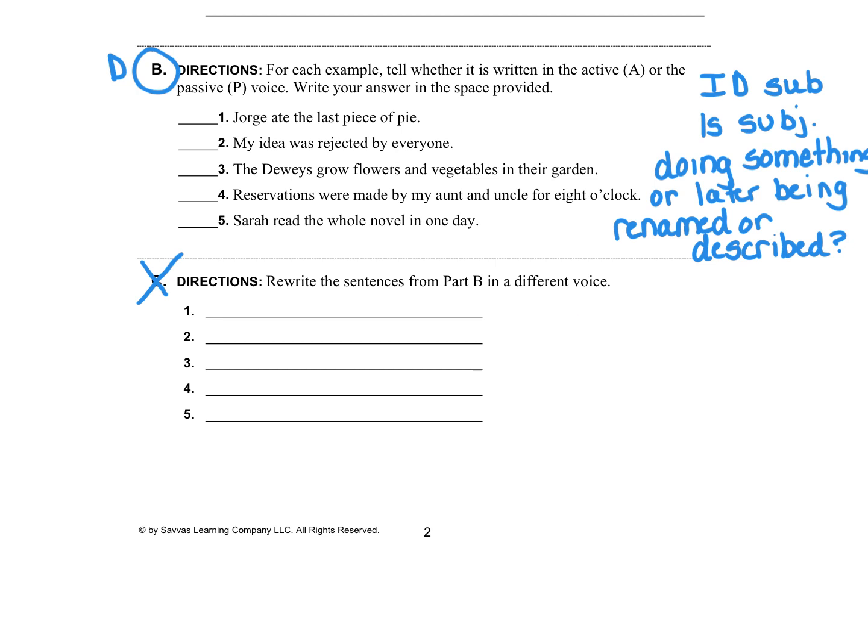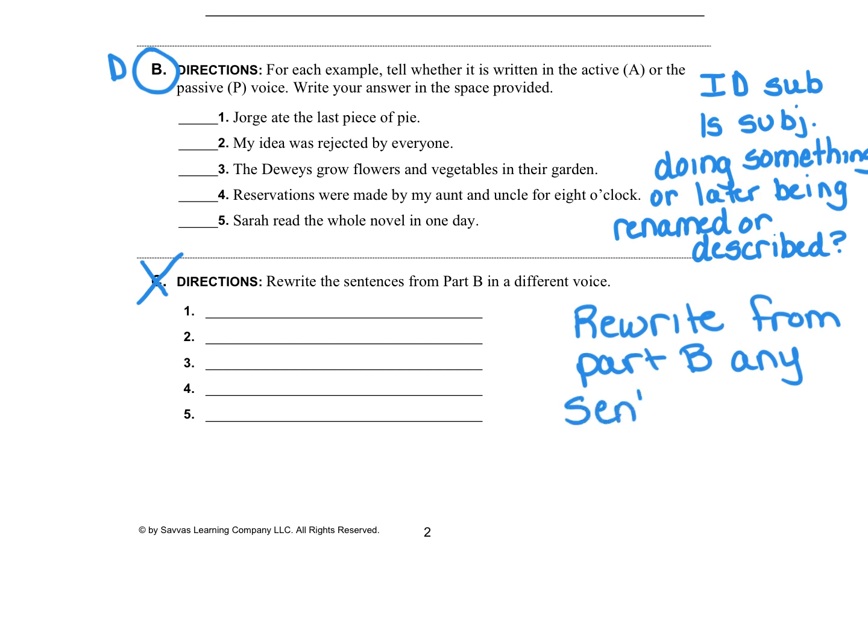Anything that is passive from part B, right up above, any sentences that are passive. If they're passive in part B, then on the bottom here, rewrite them in active voice.